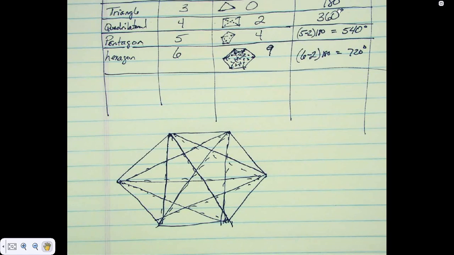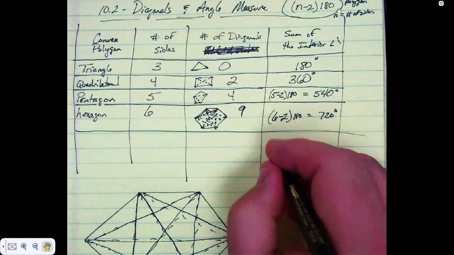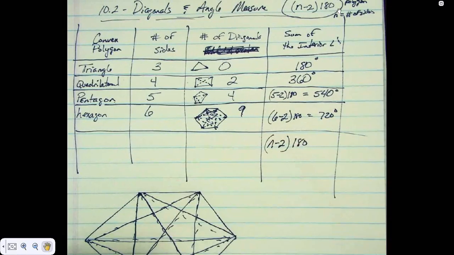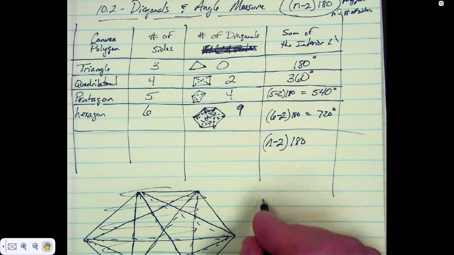Not too terrible, is it? We didn't have to draw that, did we? Okay. The main thing is to remember that n minus 2 times 180 is the sum.